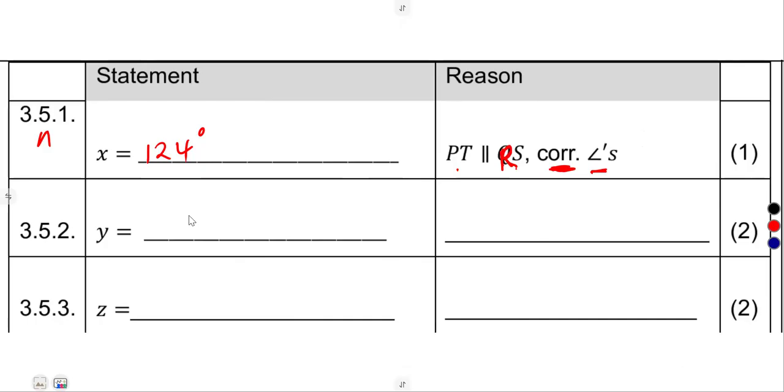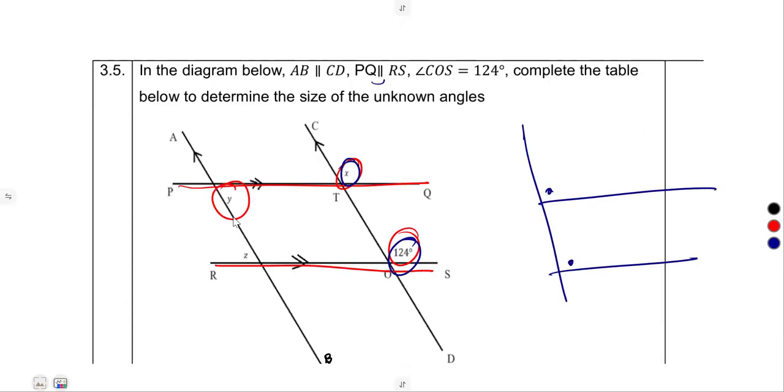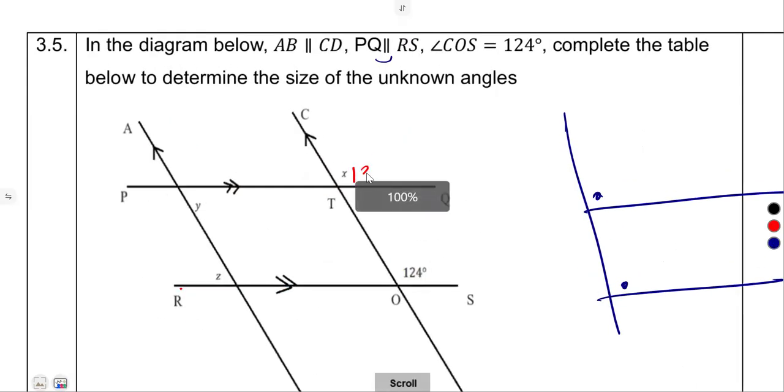What about Y? Remember, this is X that we have got here, so you can substitute that. X is 124 from those corresponding angles. To find Y, there are a lot of ways. We can find the angle T, or we can find this angle PTC, using angles on a straight line.